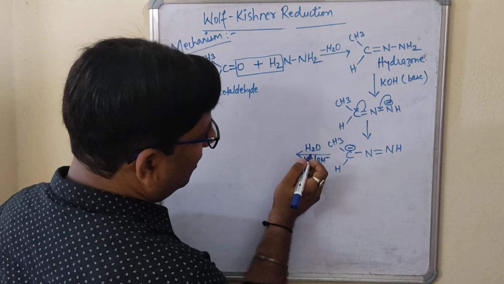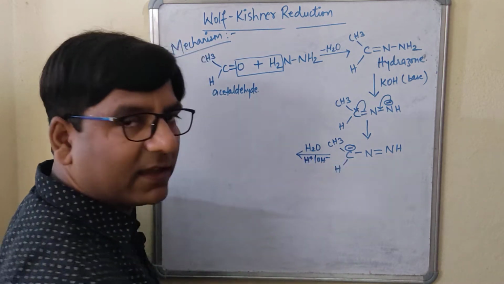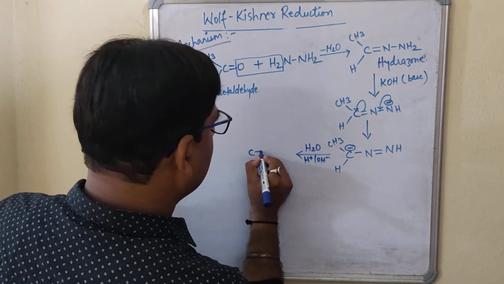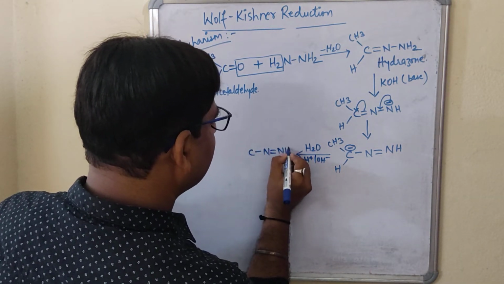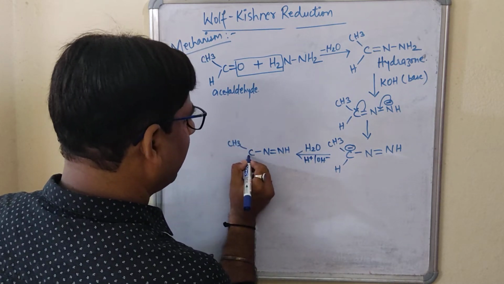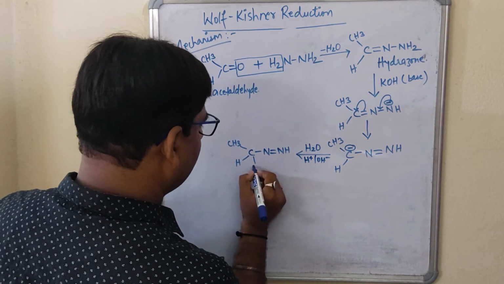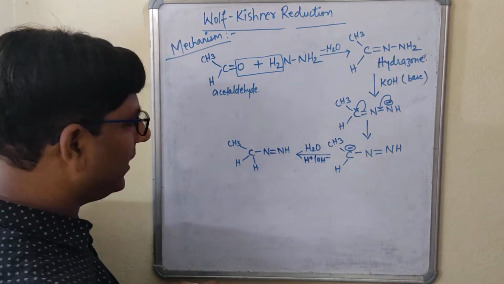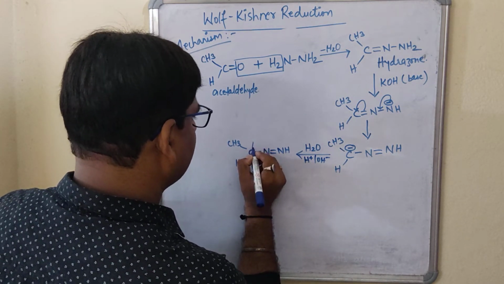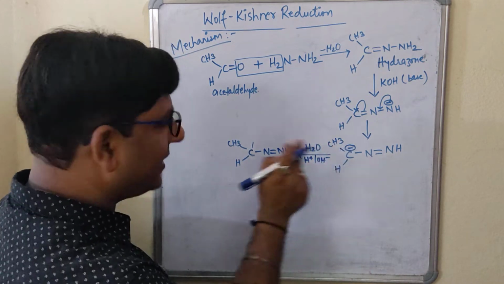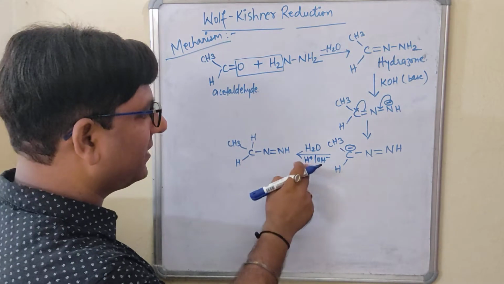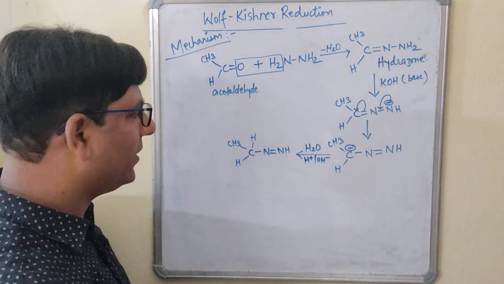This positive from the water molecule, this H plus, will go and attack this carbon carrying a negative charge and form a bond with it. How will it be? It will be like this. N double bond NH, as it is we will write here. Here we will write CH3. Here we will write hydrogen, and one hydrogen here I am attaching. Or if you want, you can attach it here for your understanding, because in place of this negative charge I am attaching this hydrogen, and this hydrogen came from this water molecule because it contains both H plus and OH minus. Okay, clear?